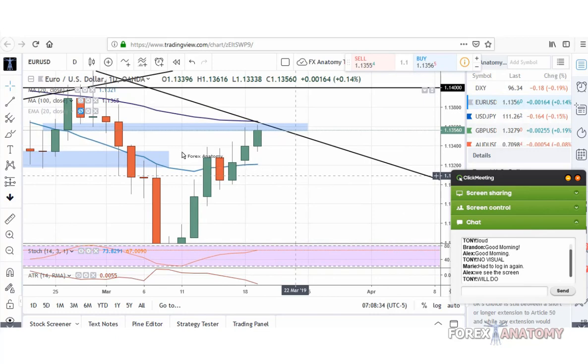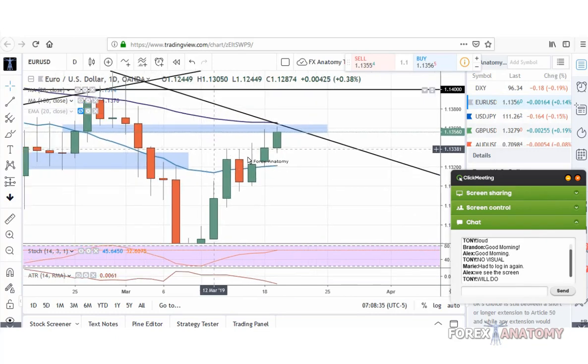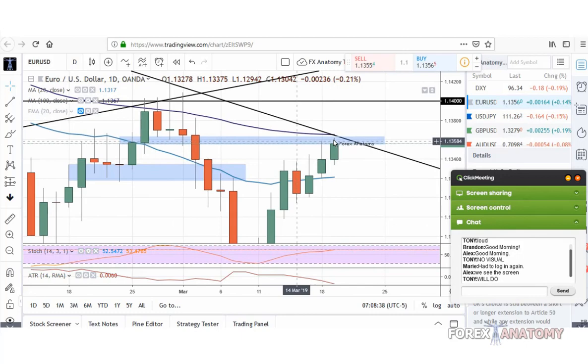Okay, we have this zone of structure right here that price is currently testing as well. And if you look left, you can see that it coincides with these candles right here. It was a low or support before. What was once support is now functioning as resistance. So we see this area swapping.